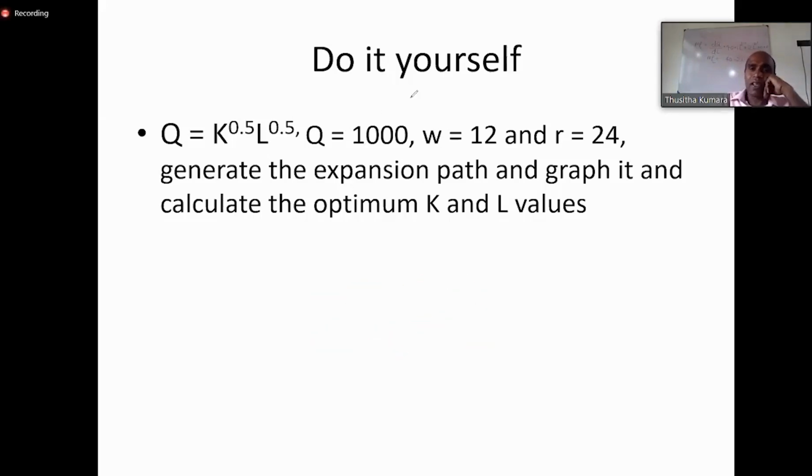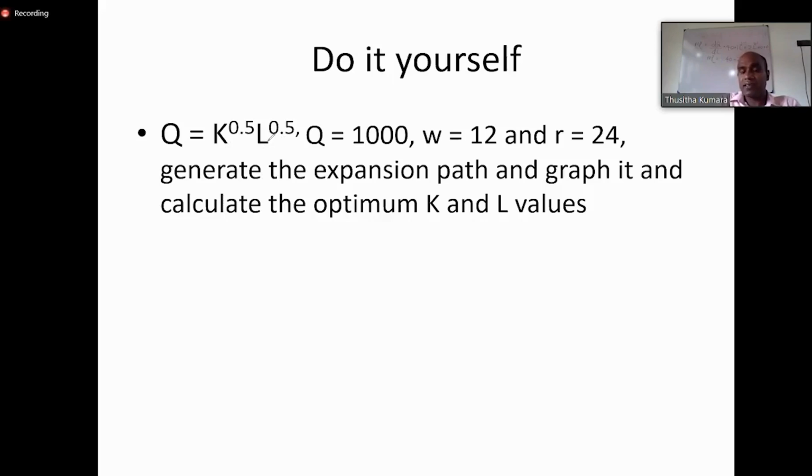So here what we need to do, first we need to get the expansion path. To get the expansion path, we need to get MPL and MPK. Once we get the MPL and MPK, we know that is MRTS.